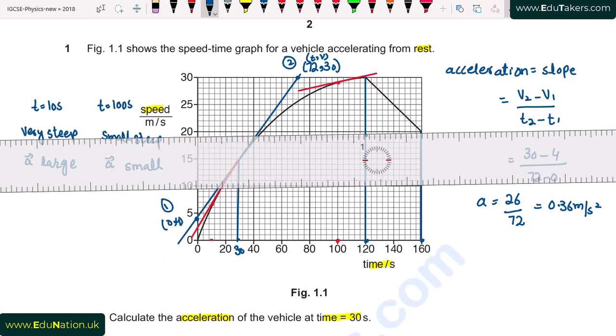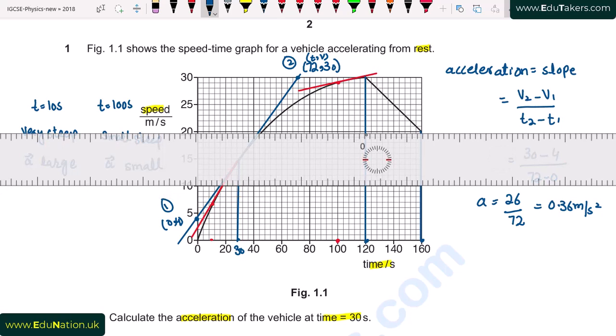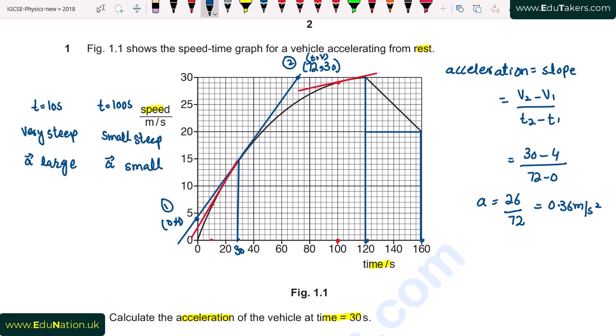I also divide this section into two parts so that one becomes a rectangle and the other is a triangle. So we can see here it's a triangle region and below here is a rectangular region. I label them as 1 and 2. It means that we have to find out the area of this rectangle and the area of this triangle.